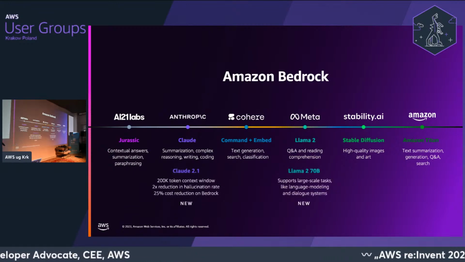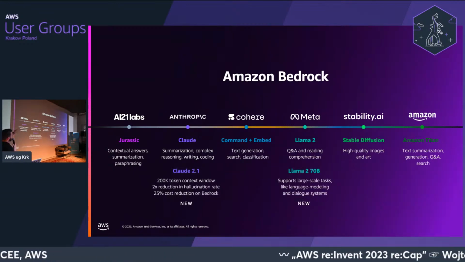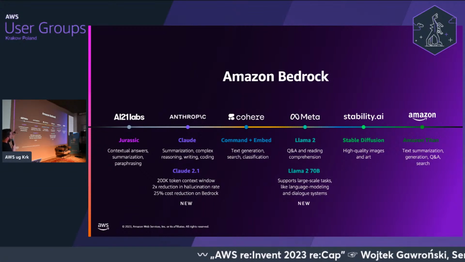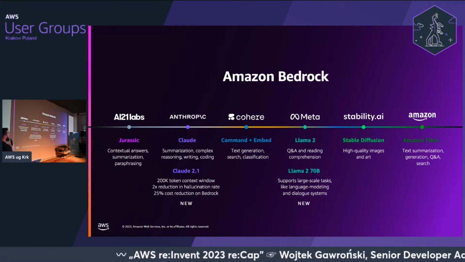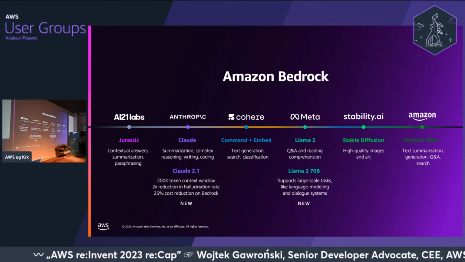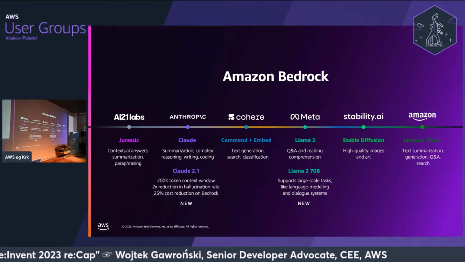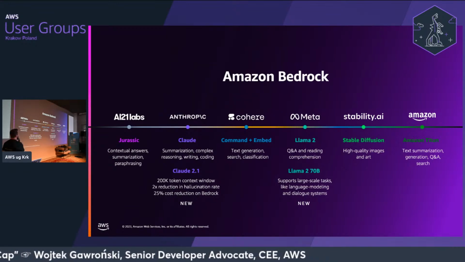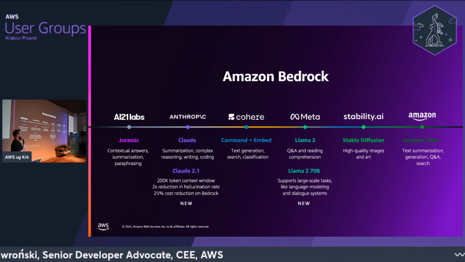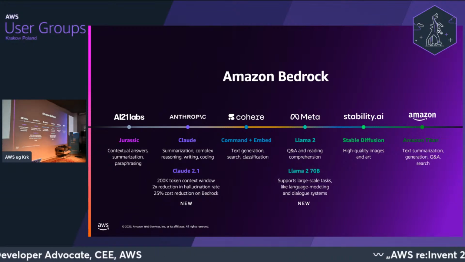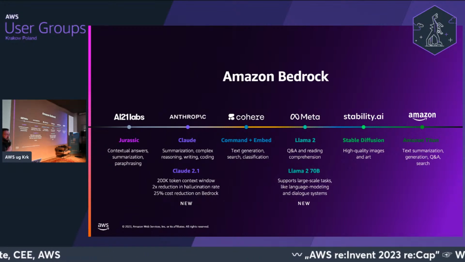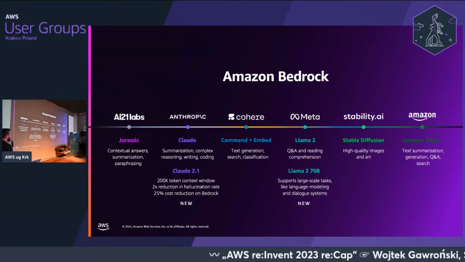So to be very specific, first things first, there was an announcement about Claude 2.1. That was a new thing. This is an upgraded version of the regular Claude model with a much bigger token context window, reduced hallucinations, and smaller costs in terms of using it through Bedrock.